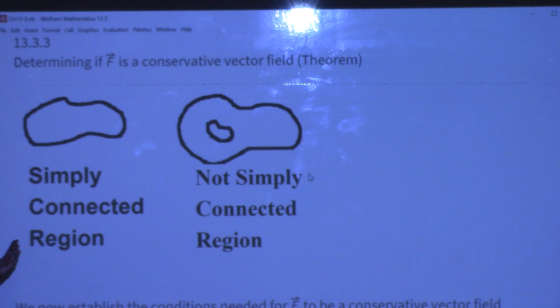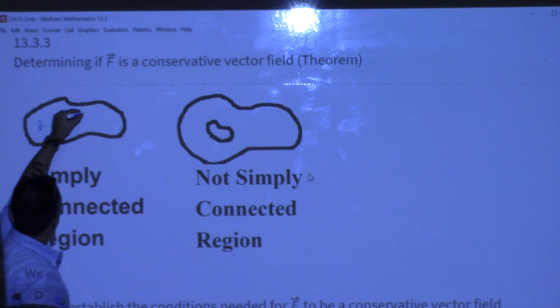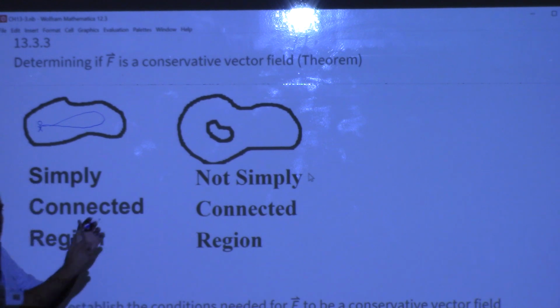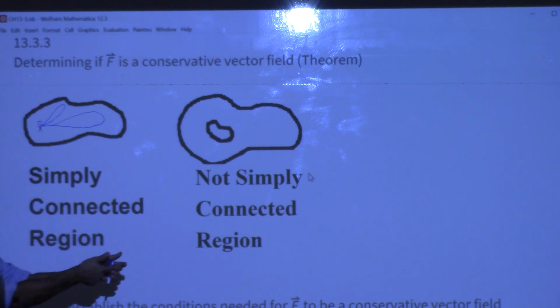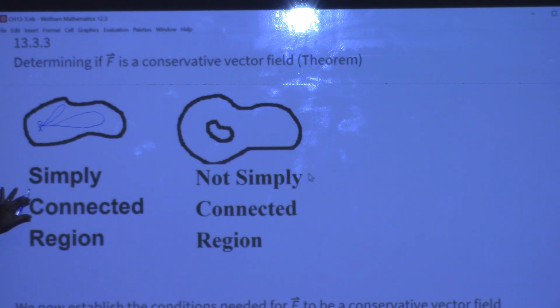Simply connected means if I'm standing in this little space and I have a lasso, and I throw that lasso out into space and start reeling it in, I never get hung up on anything. No matter where I am, I'll never get stuck on anything. That's called a simply connected region.